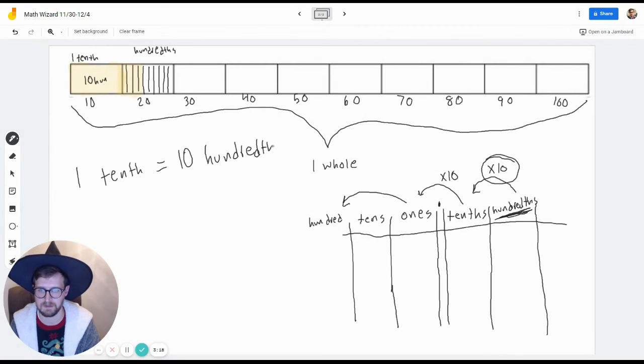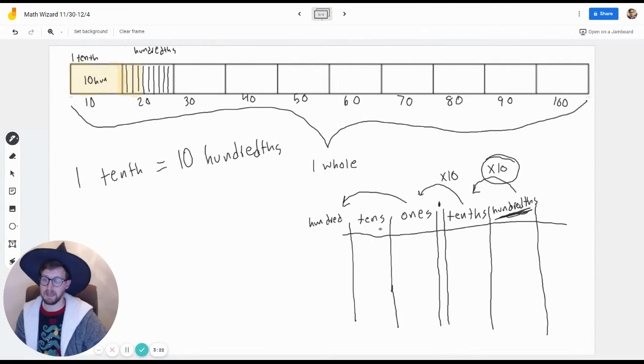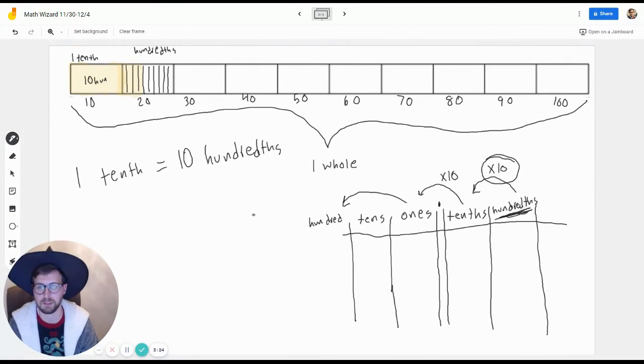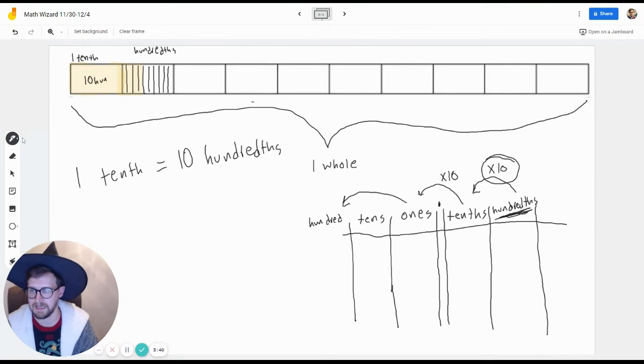10 hundredths because of our times 10 and divided by 10 rule, because of our base 10 rule with our place value chart. So then if I have 10 of them in this whole tenth, now I can count those hundredths, because we can't make fractions unless we're counting pieces that are all the same size. So I know here I've got 10.